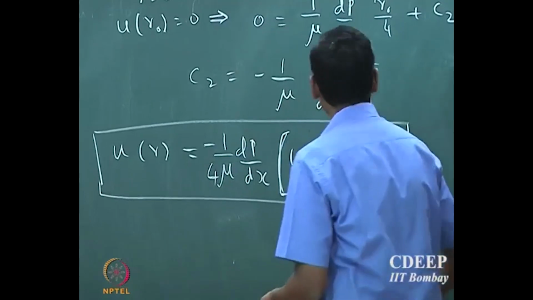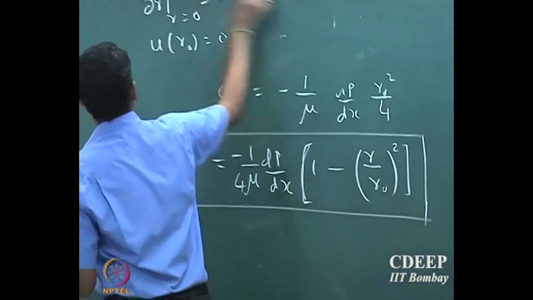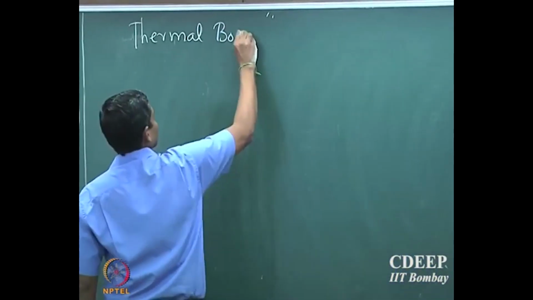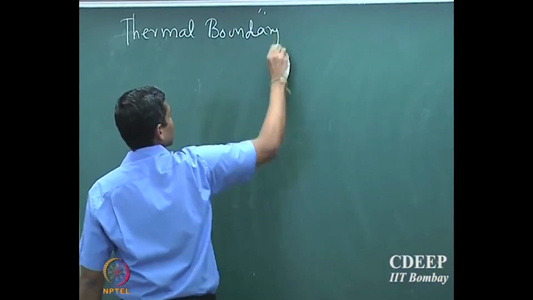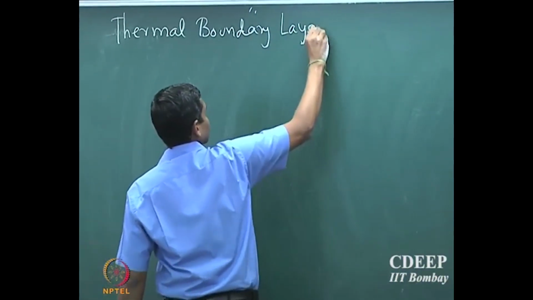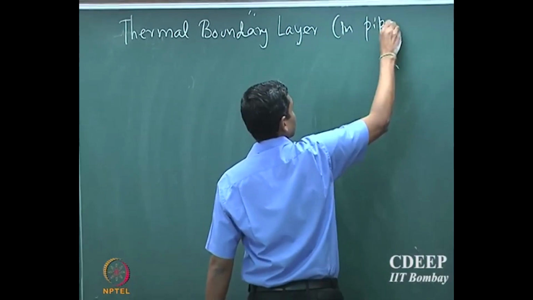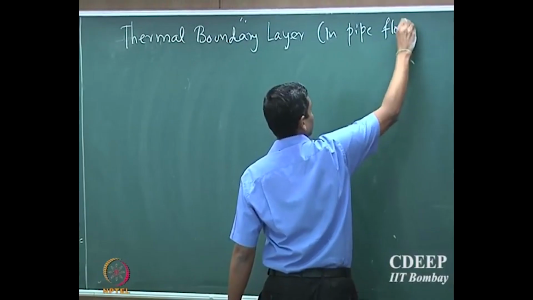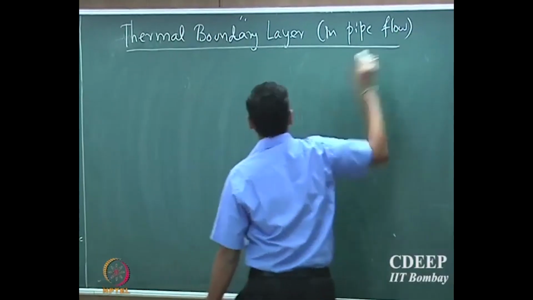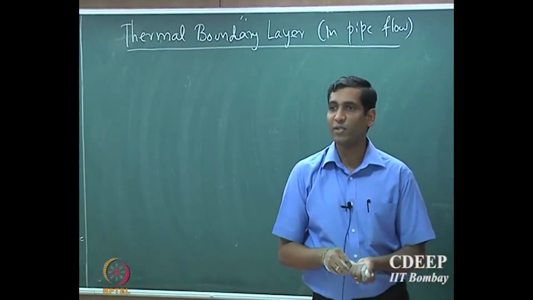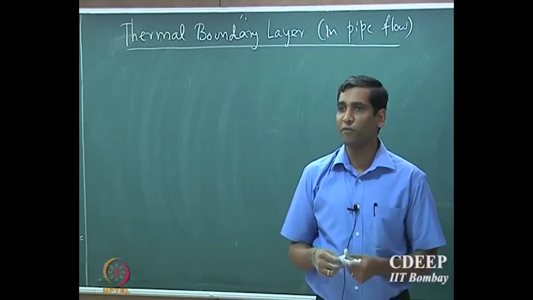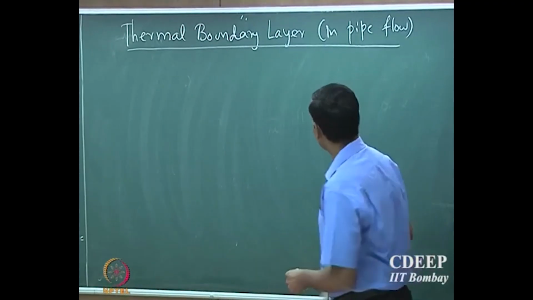So what we are going to see next is the thermal boundary layer. So how do we characterize thermal boundary layer when there is a fluid which is flowing through a pipe?